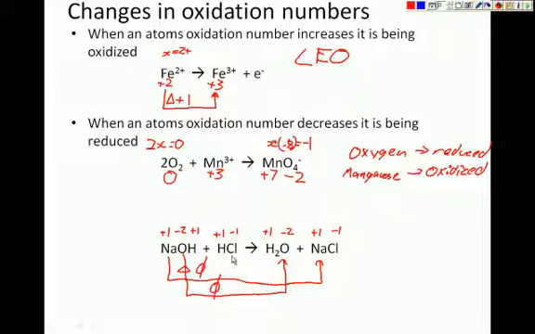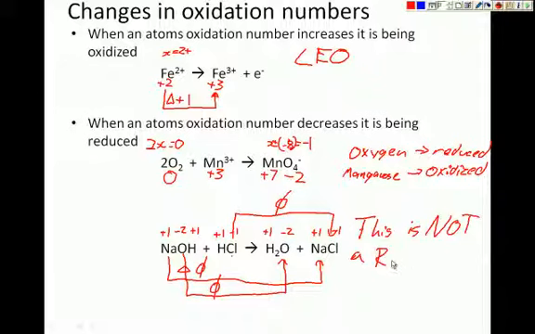And Cl starts off at minus 1 and finishes at minus 1, and the change again is 0. So nothing changed. So what does that mean? That means this is not a redox reaction.